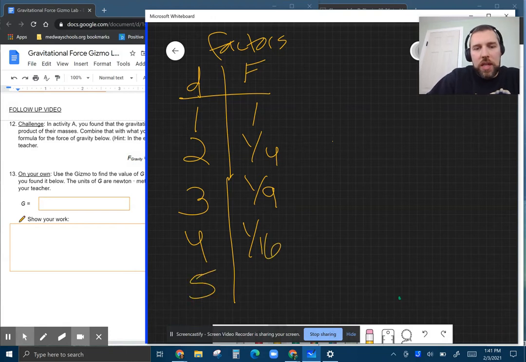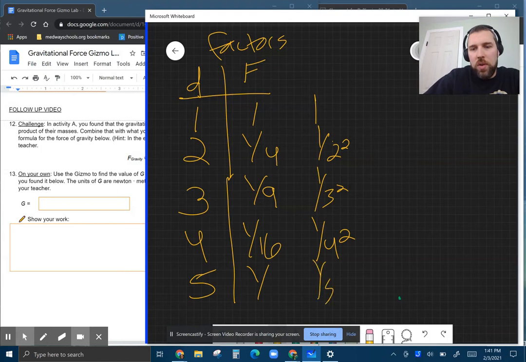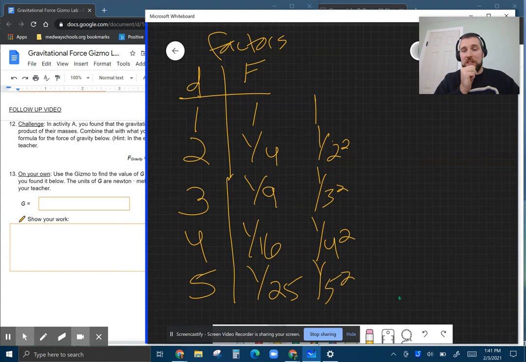And I'll bet you can guess if it's 5 times as far away. Let's see, 1 over 2 squared, 1 over 3 squared, 1 over 4 squared. You guessed it. This would be 1 over 5 squared, 1/25th of the force.